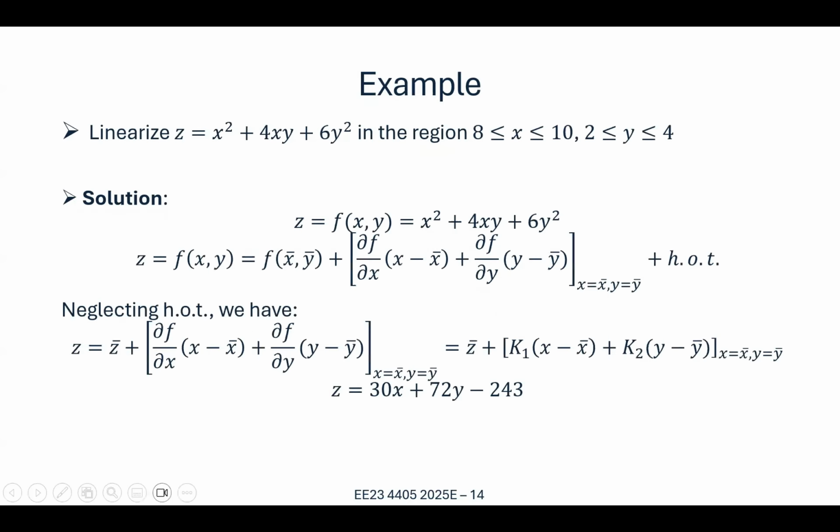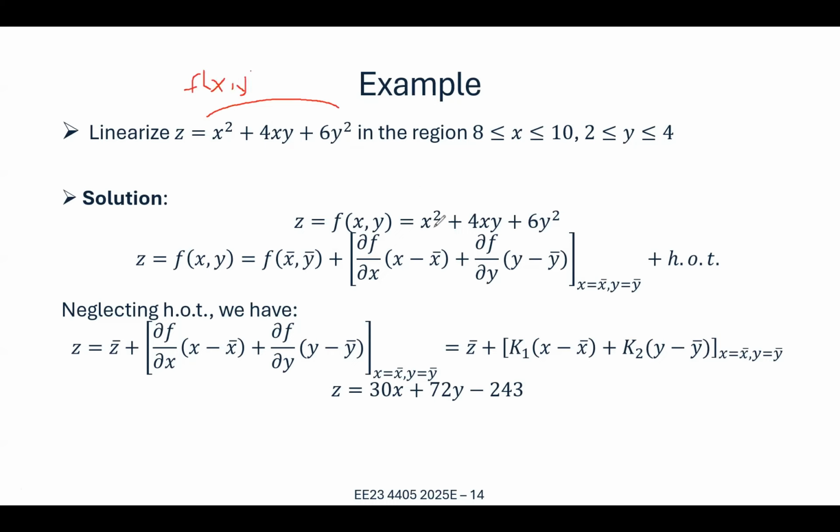The next example is a two-dimensional linearization. So z is x squared plus 4xy plus 6y squared in this region, for x from 8 to 10 and y from 2 to 4. So this is f(x,y), meaning it's a function of x and y.